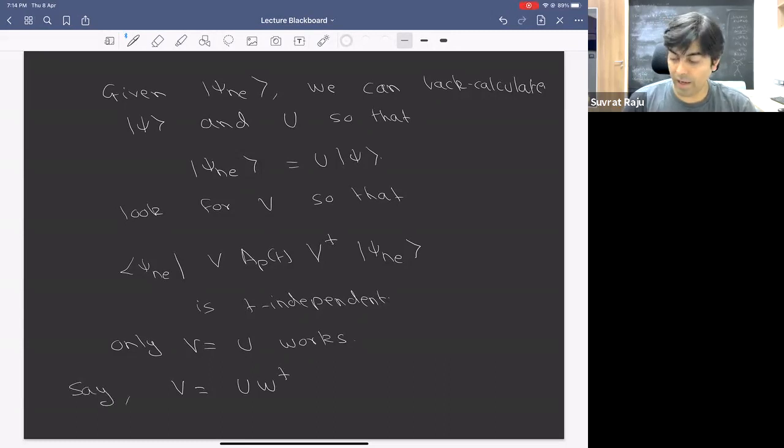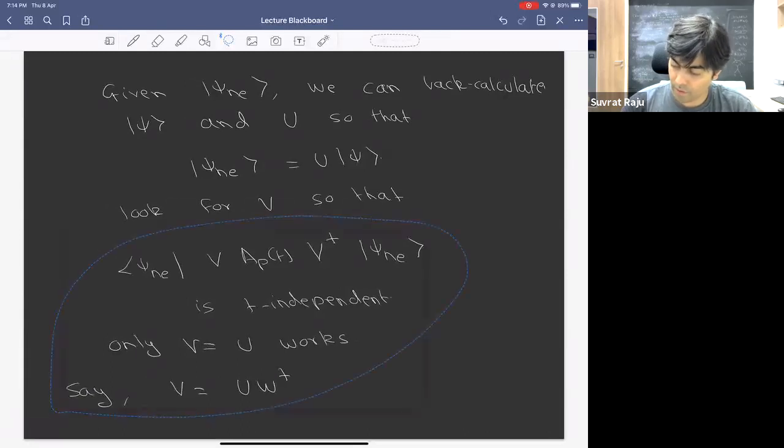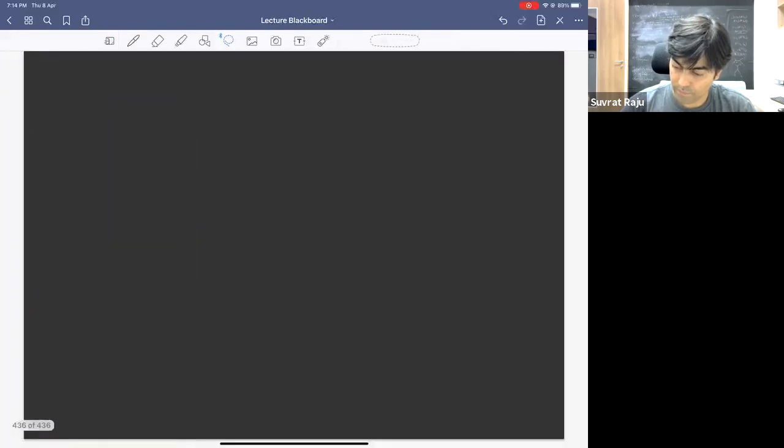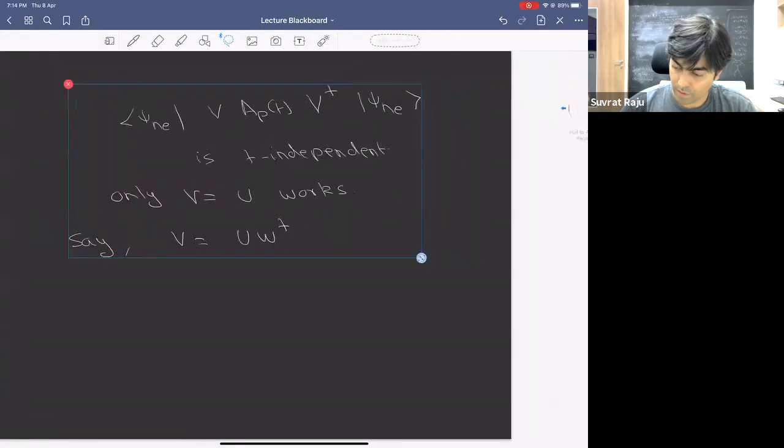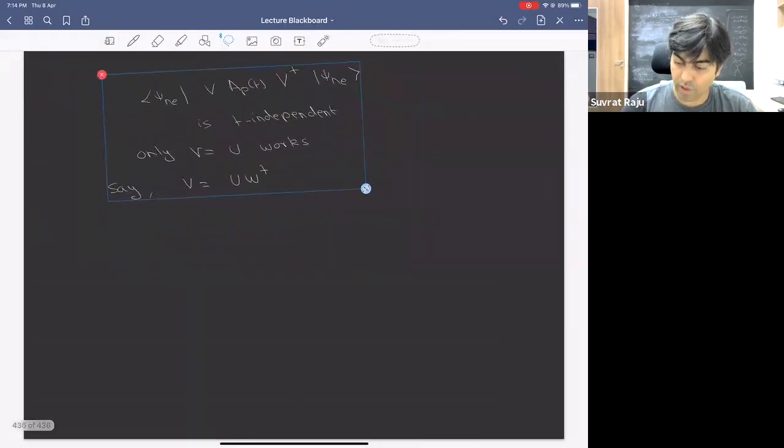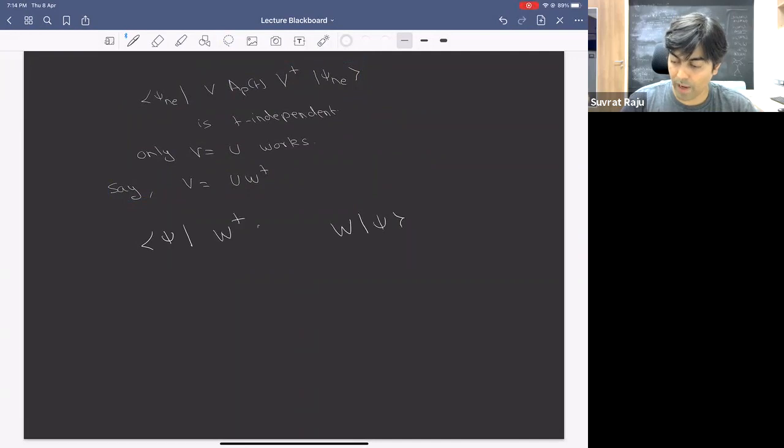Then you can see that if you take V equal to UW dagger, then you find that the expression above will become psi, and you will get an additional factor of W, and an additional factor of W dagger APT, where this psi is the base equilibrium state on which you had acted with this U. So if you were to take this V to be not U, but U times some other unitary W, then you would find that this expression would become this expression.